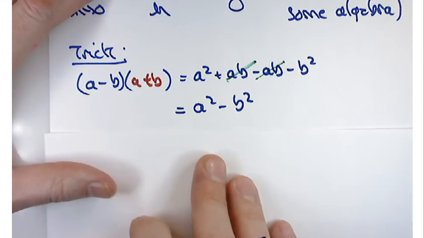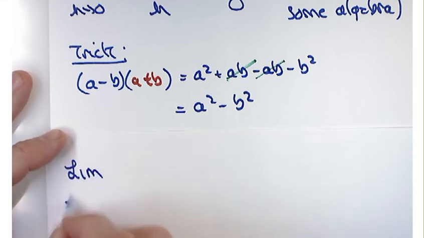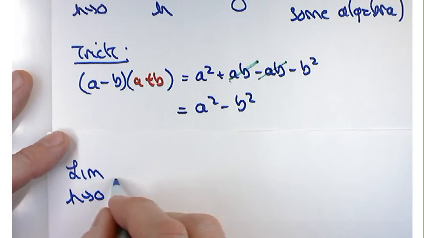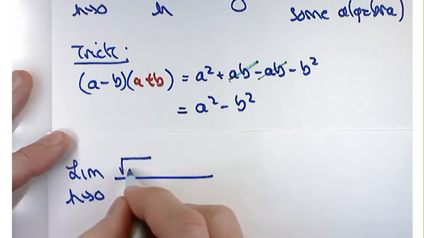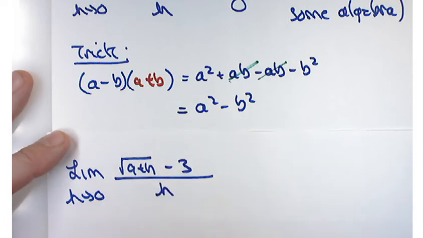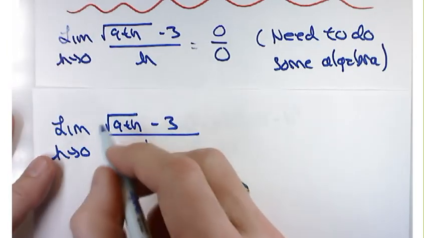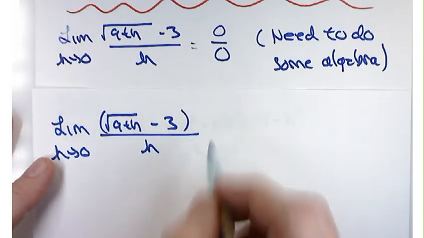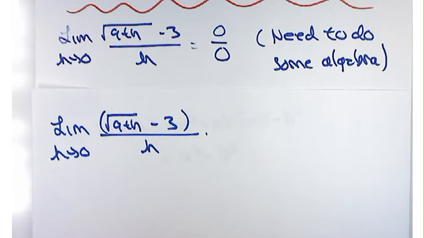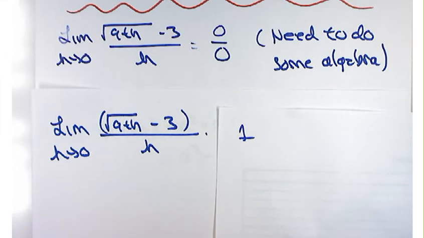All right, so we do the limit as h approaches 0 of the square root of 9 plus h minus 3 over h. Let me put parentheses around this. My trick, well, the only thing I really can do is multiply by 1. That's the only trick I got. Multiply by 1.